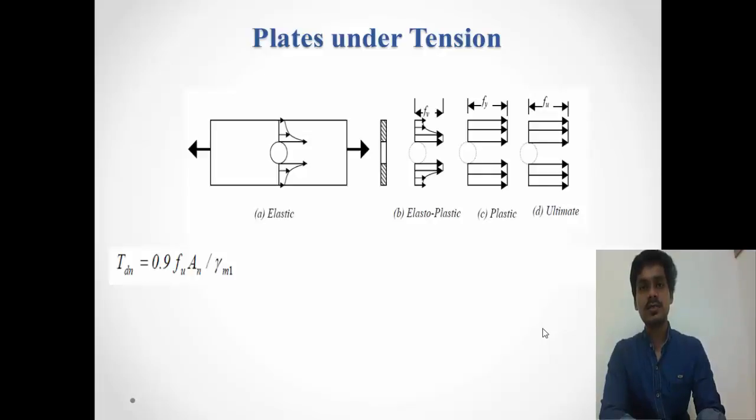Hence, the design strength as governed by the net cross section at the hole, Tdn, is given by 0.9 Fu An divided by gamma m1, where Fu denotes the ultimate strength of the material, An denotes the net area of the cross section after deduction for the hole, and gamma m1 is a partial safety factor for ultimate loads.